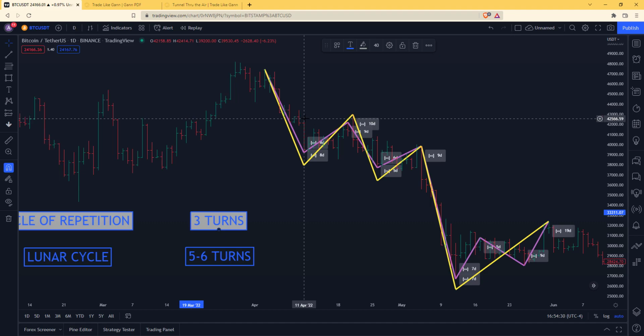You have to keep in mind that these COR cycles are instrument dependent. So Mary, the Angel of Mercy, may work perfectly on the Dow Jones Industrial Average, but it might not work for Bitcoin, or even for another instrument, let's say gold. So you have to understand the cycle logic.